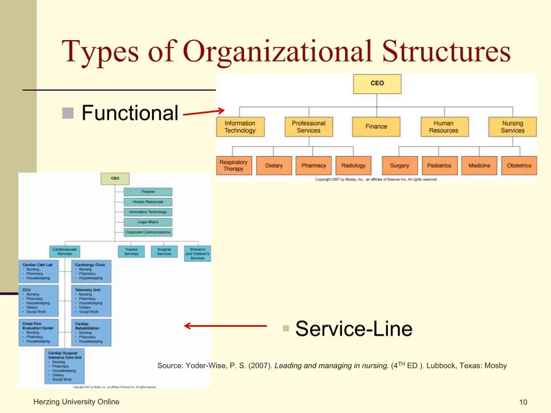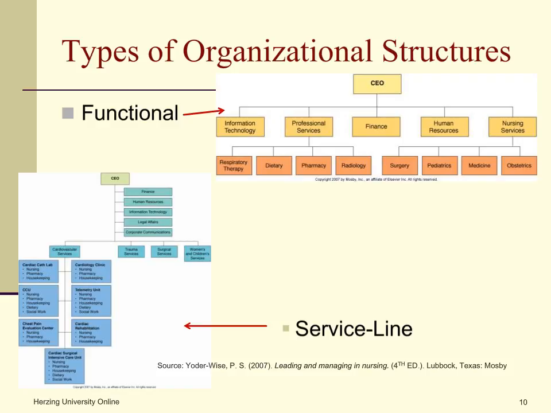The functional structures are the ones organized around specialties. In this slide, on the upper right hand, is a figure that resembles a functional structure. As you see, in this structure there are specialized units like surgery, pediatrics, medicine, and obstetrics.